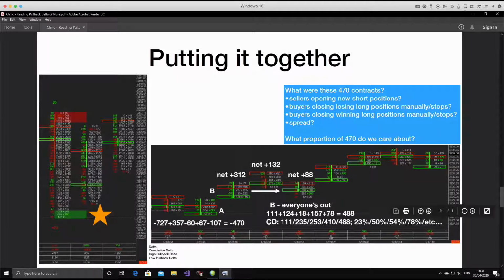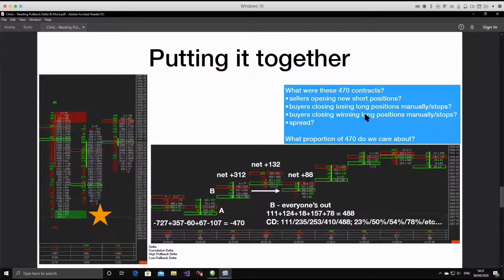Potentially, there was somebody who bought up here, their stop hit here, and their stop got triggered. So if their stop got triggered, it would turn into a market order. We'd see it print here as an aggressive selling trade, but as they're stopped out and their position's closed, they've got nothing to puke. And I can't imagine they'd be buying back. And we don't know, was it a new short or a closing losing long?